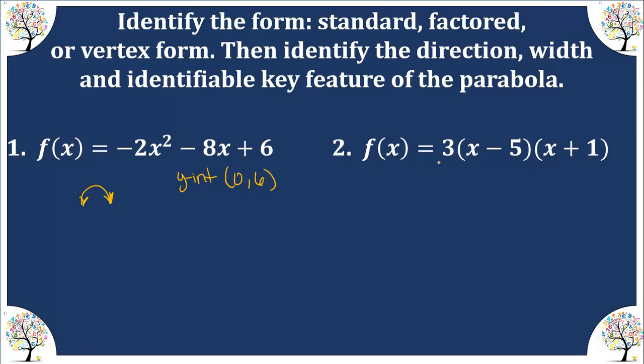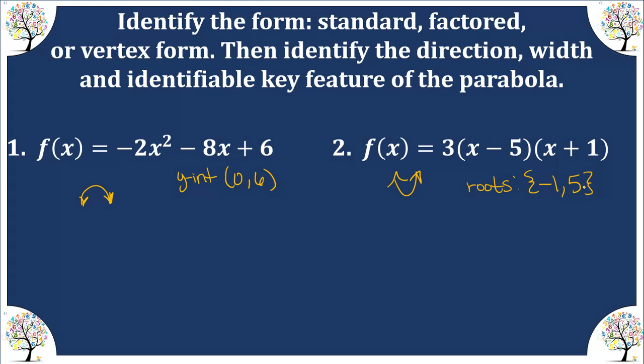In factor form, our a value is positive, and so our parabola turns up. We have our factors, so if we set these equal to 0, then we know the roots. So the roots are, from least to greatest, -1 and 5.